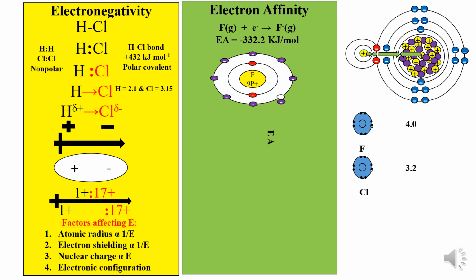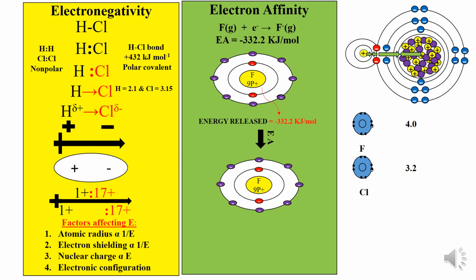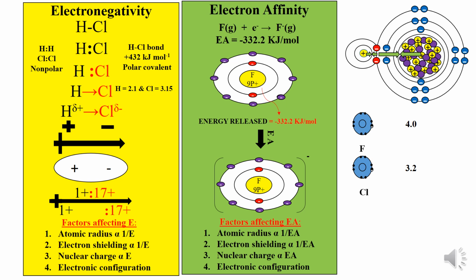So fluorine accepts the electron, and in the process, the kinetic energy of the electron is converted into electric potential energy, and this energy cannot be stored, it has to be released. So it is this energy which is being released. That is, minus 332.2 kilojoules per mole is the amount of energy released when the isolated gaseous fluorine atom accepts an electron, and it forms a negatively charged fluoride ion. Now electron affinity is a property of an isolated gaseous atom.